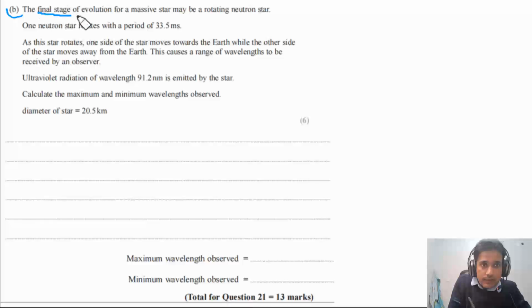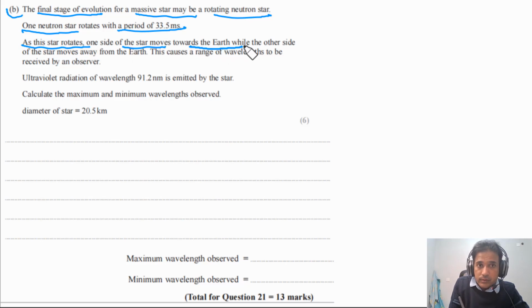Part B says the final stage of evolution for a massive star may be a rotating neutron star. One neutron star rotates with a period of 33.5 milliseconds. As the star rotates, one side of the star moves towards Earth while the other side moves away from Earth.